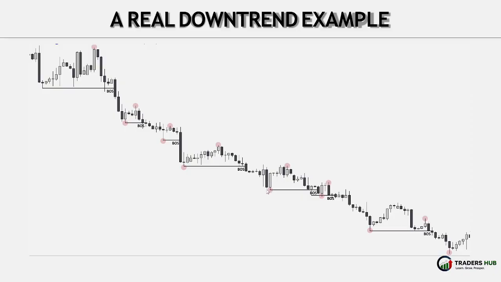This is the final low. This is now a lower high, lower low, lower high, break of structure, lower low, lower high, break of structure, lower low, lower high, break of structure. And that is the sequence of lower lows and lower highs, and an example of a real downtrend.